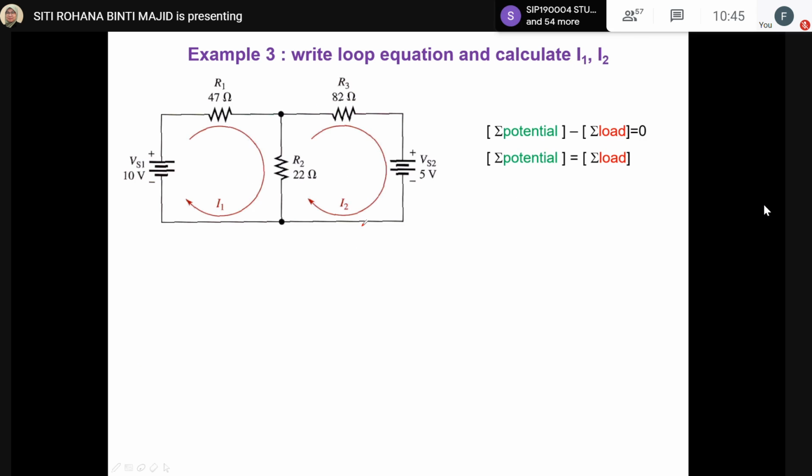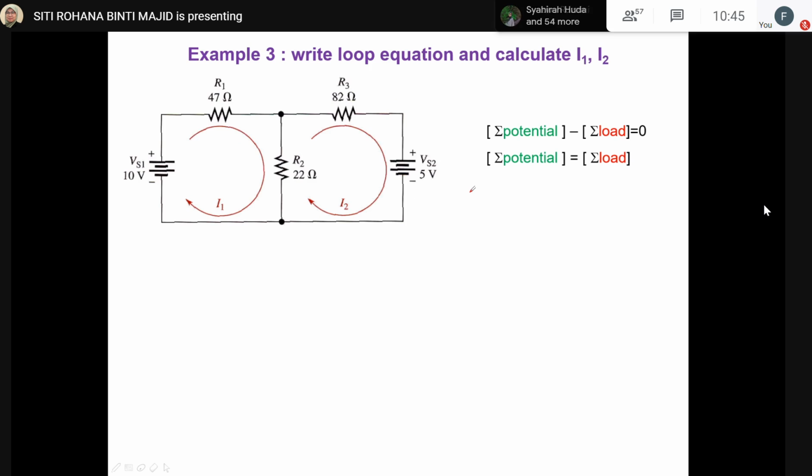So my advice, carefully look at the circuit, because some students confuse. They will think that I1 is for R1 and I2 is for R2. No, you have to check, because normally the question will label the current I1 or I2.